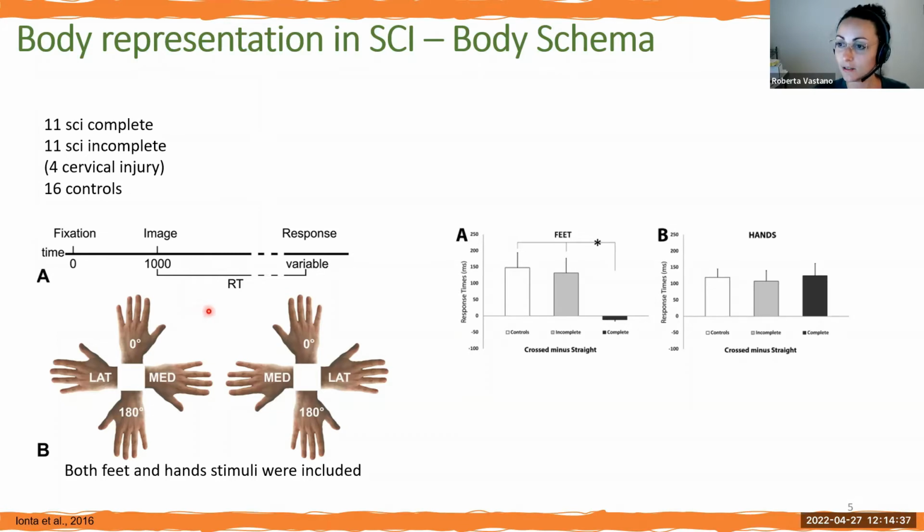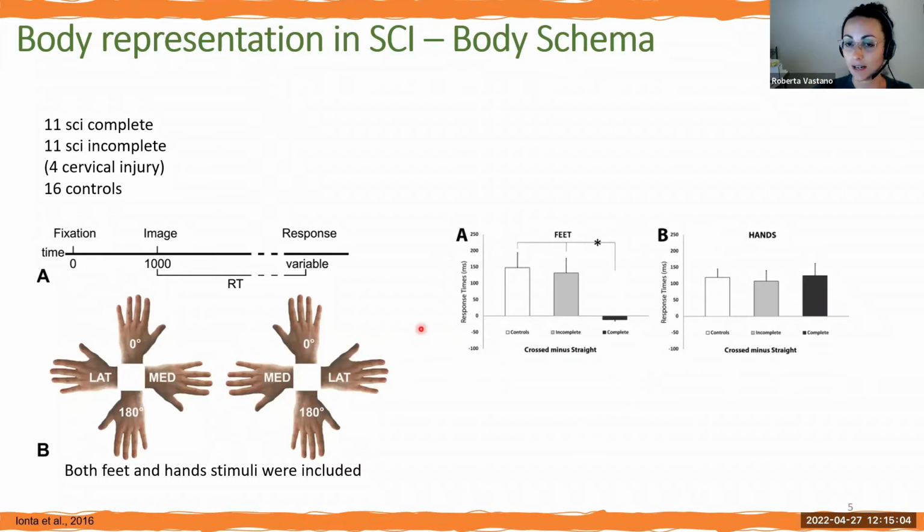They asked participants to perform the laterality judgment of the hands while they had their hands crossed, so basically like this, or to judge the laterality of the feet by crossing their feet. In other blocks, they asked participants to perform the same task, but in anatomical position, so with their hands straight. What they calculate is the difference in the reaction time between crossed and straight.